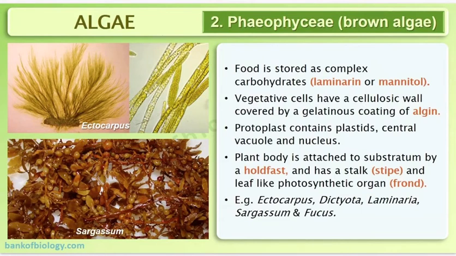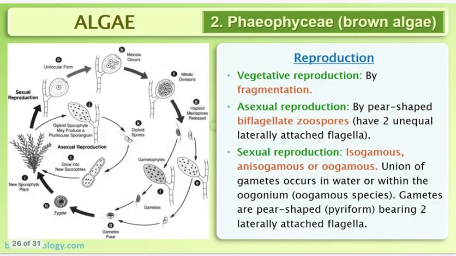Second you must remember is holdfast and stipe. Third you must remember is frond, photosynthetic in nature. Food is stored in this, as I said, complex carbohydrate. And examples we are giving Ectocarpus. You can see presence of Ectocarpus, Sargassum, and see the color. Yeah? Brown in nature.